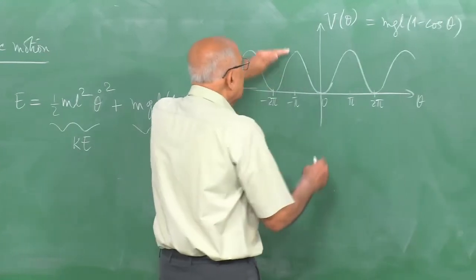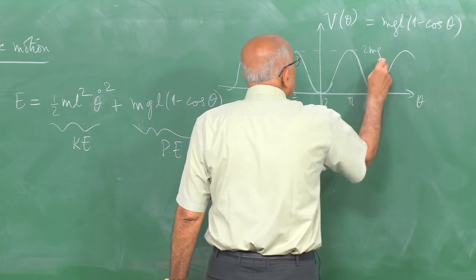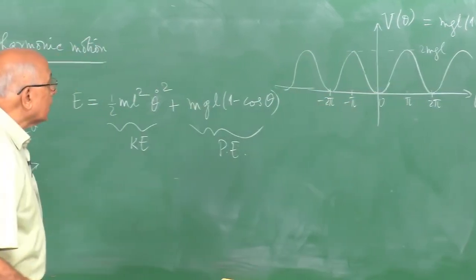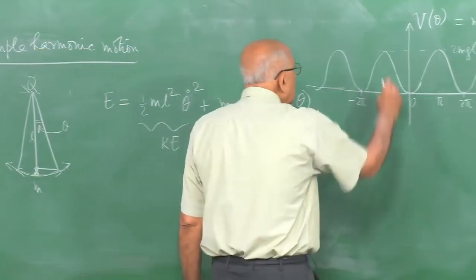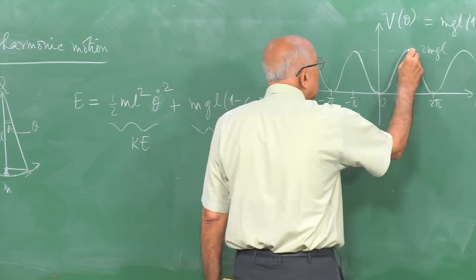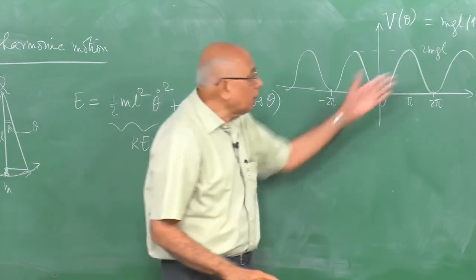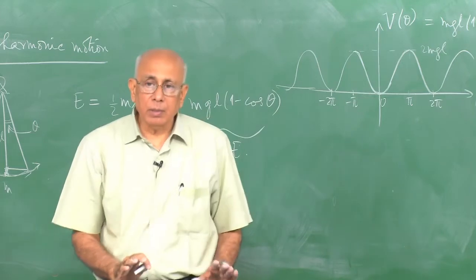But as long as the energy is below this value, 2 mgL when theta is pi, cos theta is minus 1, that is the largest value for which you can have oscillatory motion, then you are in a potential which looks like this, but this potential is not a parabola, it is 1 minus cos theta, right, and therefore the motion in general is not simple harmonic.